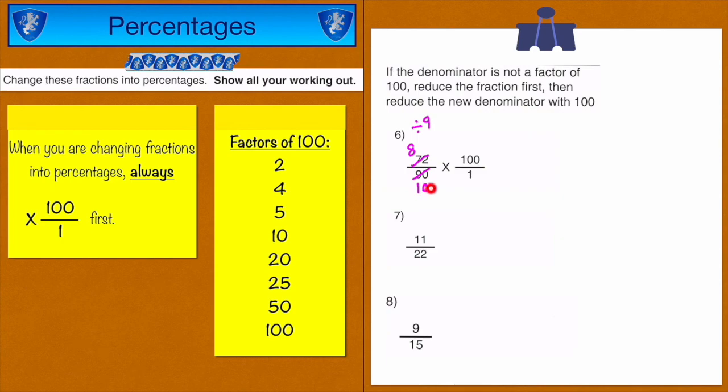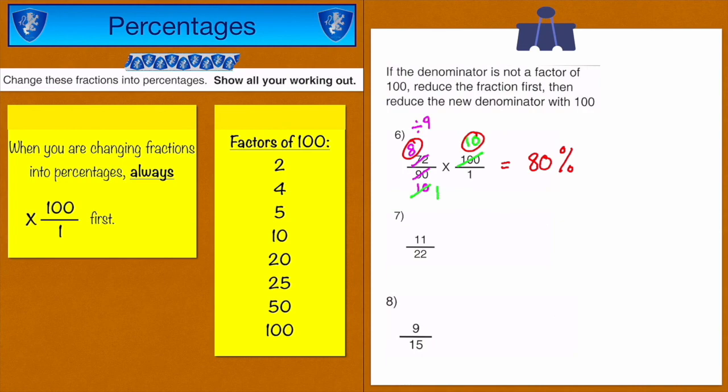And that leaves us with 10 at the bottom, which is a factor of 100. So now we can go diagonally like that. So we say that's 1 times 10, and that's 10 times 10. Then we've got 8 times 10 is 80. 1 times 1 is 1, so we know we've got 1 at the bottom, so it's 80%.